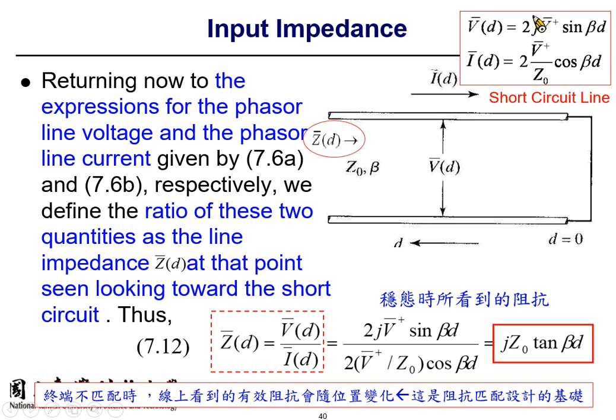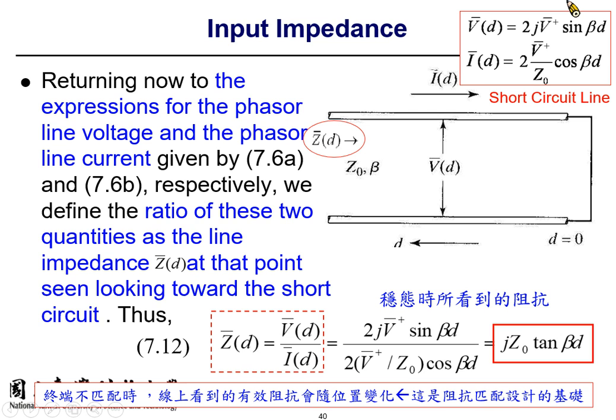As we have observed in earlier lectures, the total voltage, which includes the V plus and V minus voltage, the forward going and reverse going voltage, for short terminated line can be expressed as V(d) equals 2 times j V plus times sine beta d.